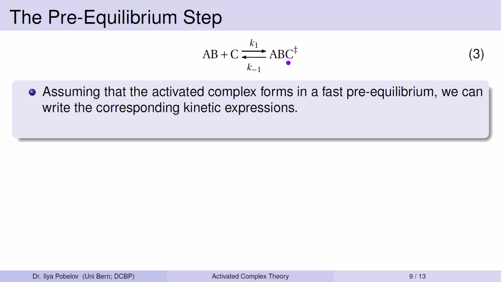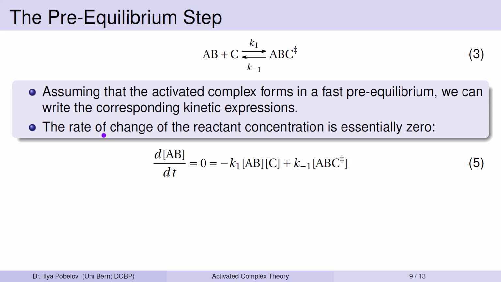Assuming that the activated complex forms in a fast pre-equilibrium, we can now write the corresponding kinetic expressions. This means that the rate of change of the reactant concentration is essentially zero. In this expression, the rate of the forward reaction depends on the concentrations of AB and C, while the rate of the reverse reaction depends on the concentration of the activated complex.